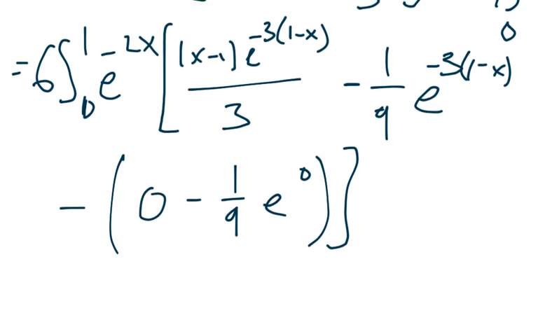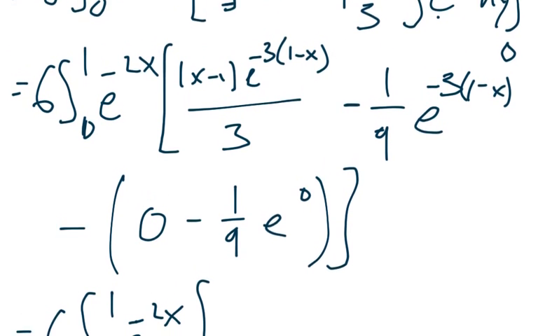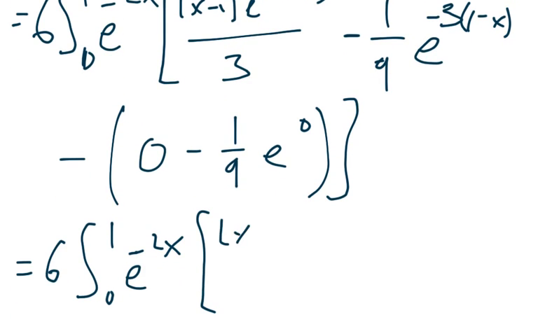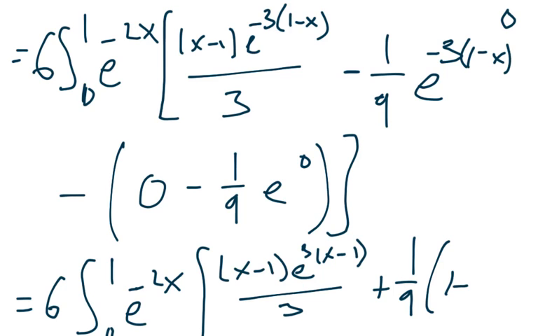Okay, so what does this all look like? It's going to be 6 integral 0 to 1 e to the minus 2x. And here we're going to have x minus 1 over 3 e to the 3x minus 3, plus 1/9 times 1 minus e to the 3x minus 3.